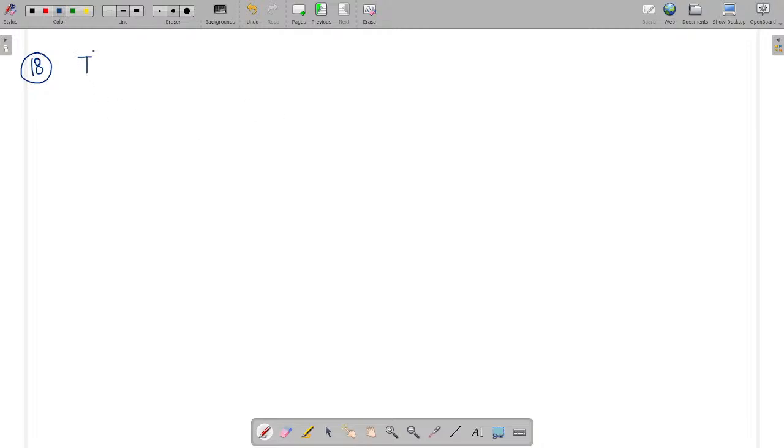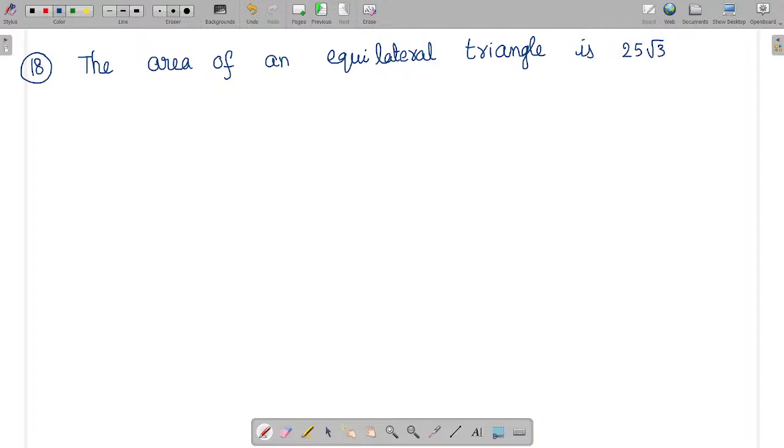The area of an equilateral triangle is 25 root 3 centimeter square.